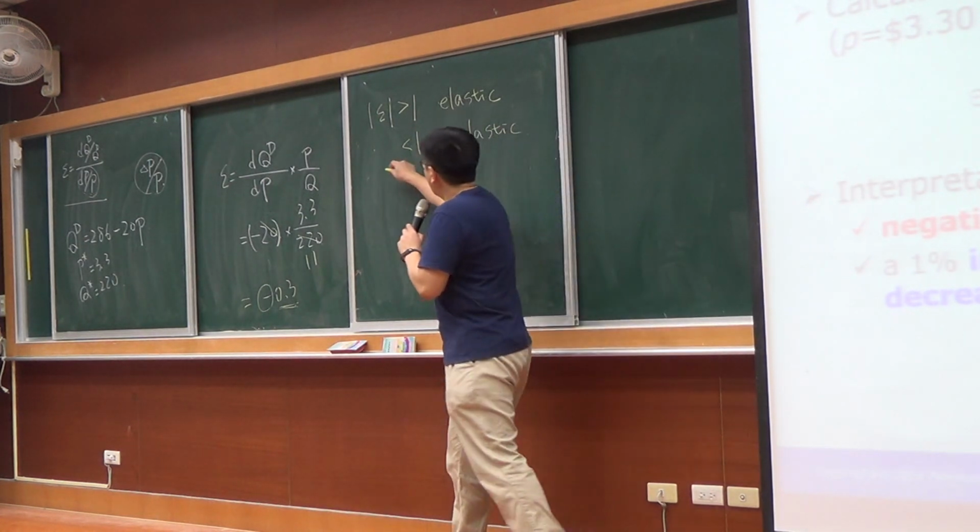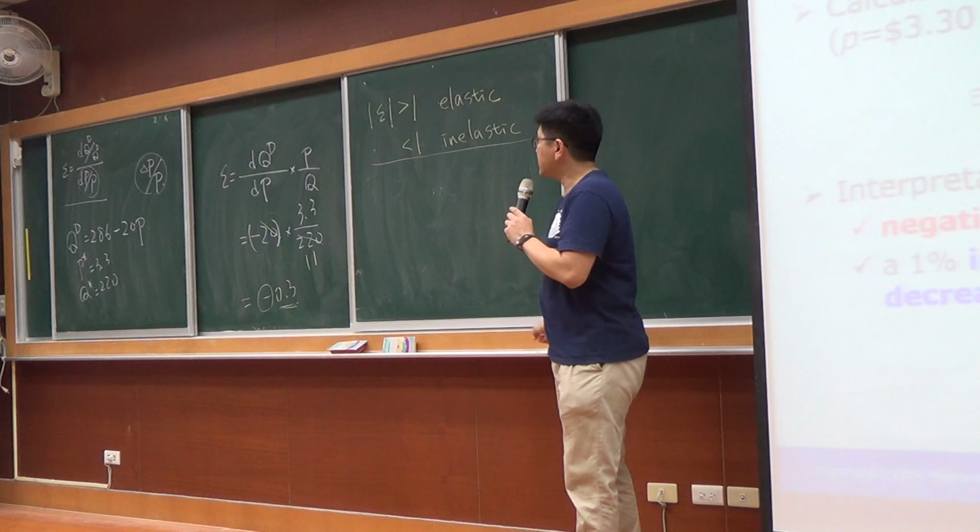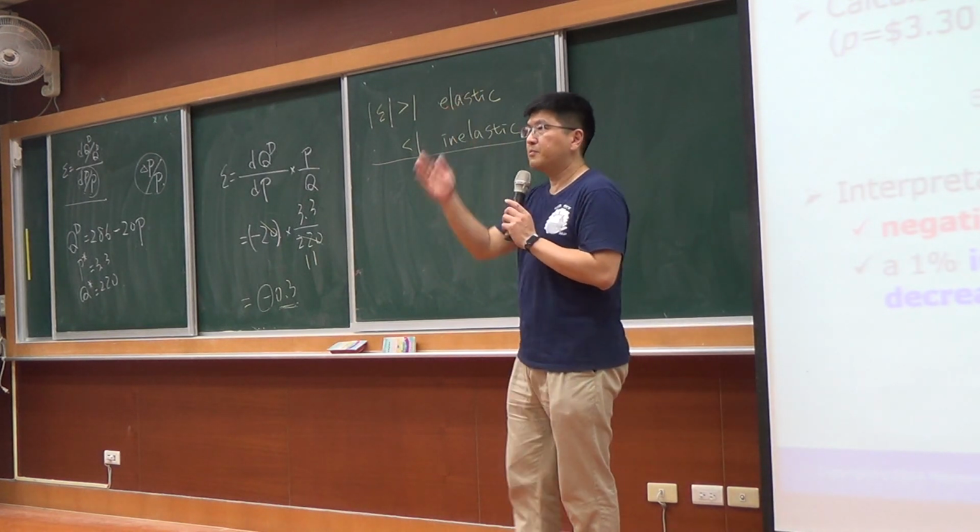Okay? So 1 is the critical value, the division point.